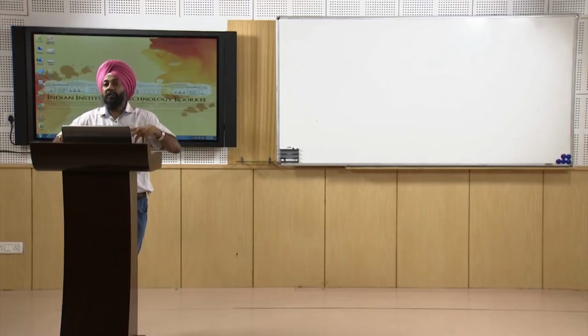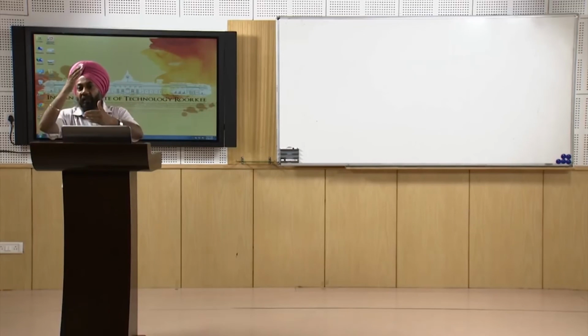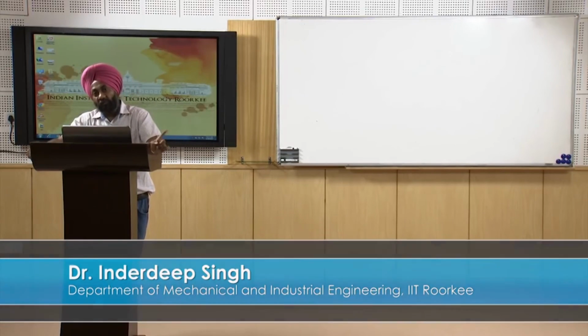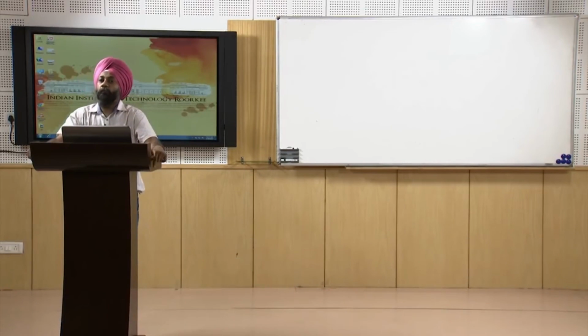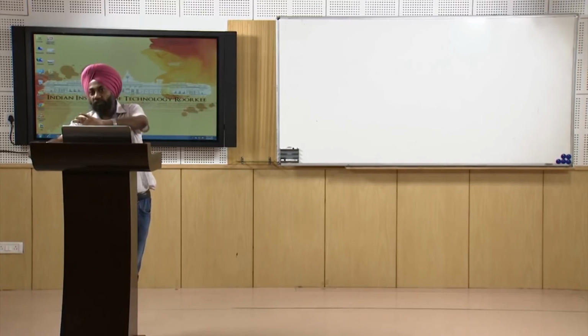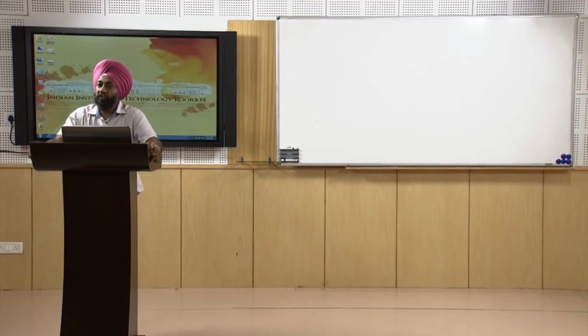We have only covered how the plastic parts can be made. How they can be joined, how they can be cut, how they can be machined, that portion we have not covered till now. So when we go to the joining and machining of polymer matrix composites, there we will definitely discuss first how polymers can be joined or machined, and then we will switch the discussion to how polymer matrix composites can be joined and machined.